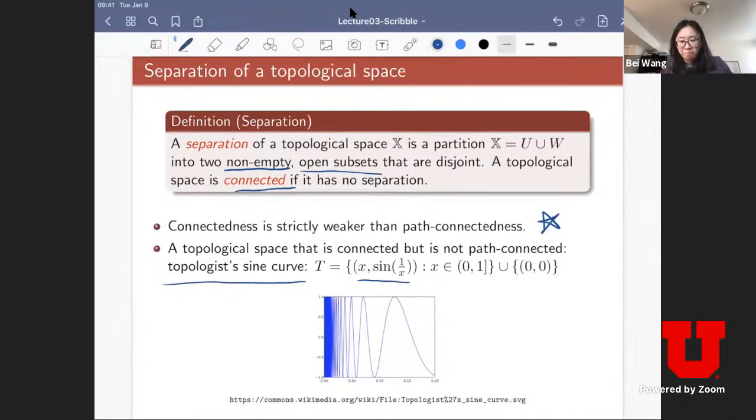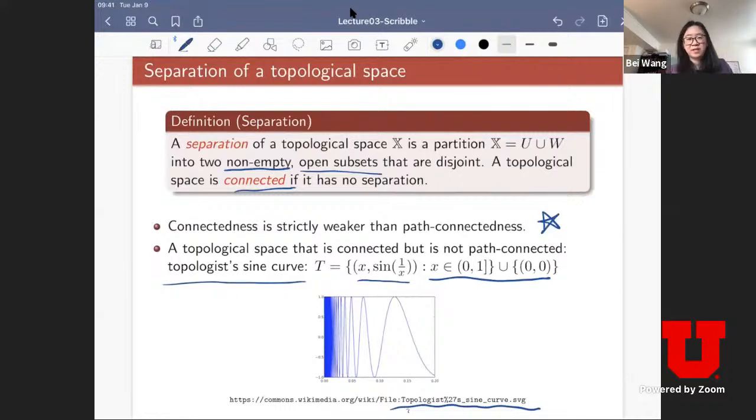So this is going to be a really interesting reading for you. One of the take-homes is I want you to convince yourself, you can even go to the Wikipedia page describing the topologist's sine curve, that this is a space that is connected but not path connected.